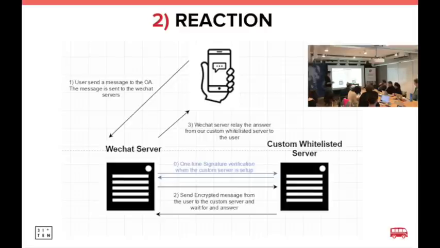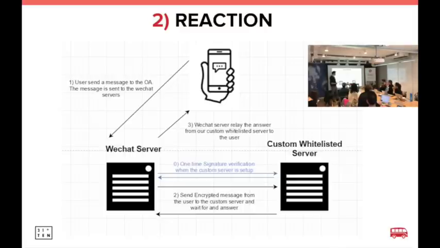So WeChat is adding a layer of security for this reaction flow. When you start developing with the reaction API flow, you need to be whitelisted by the WeChat server. That's exactly the same as the whitelisting system for the domain name, but this one is for the server. How it happens, technically speaking, is very simple.